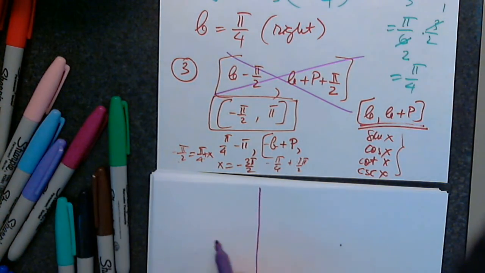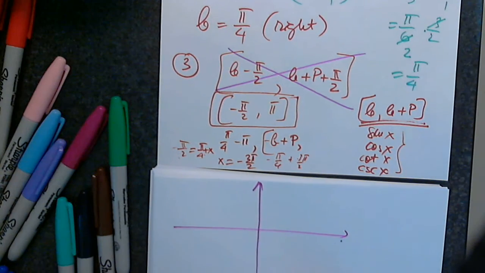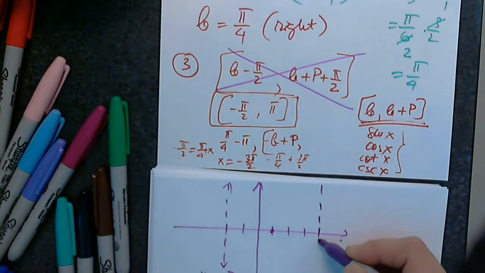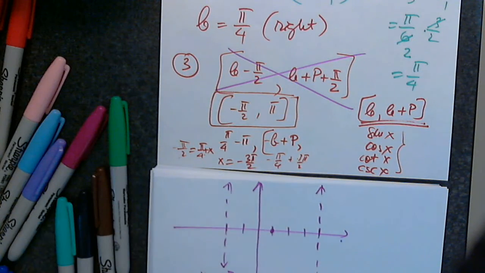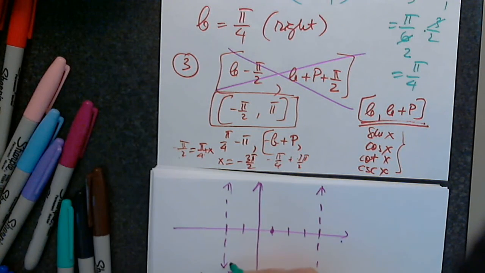So if we want to graph it, the asymptotes obviously are x equals negative pi over 2, and so on. Here's the graph of tangent of 2/3 x minus pi over 6.